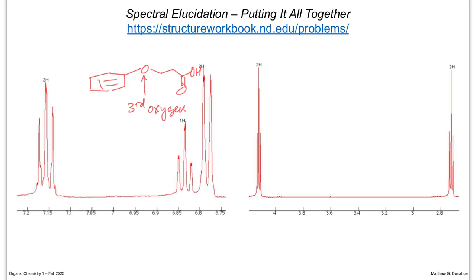You can arrive at that by doing the math of the carbon count, the hydrogen count, and the fact that this triplet around 4 ppm has to be bonded to an electronegative atom. That's going to help explain how it moves there. And then the mass that you're left over with gives you 3 oxygen atoms.